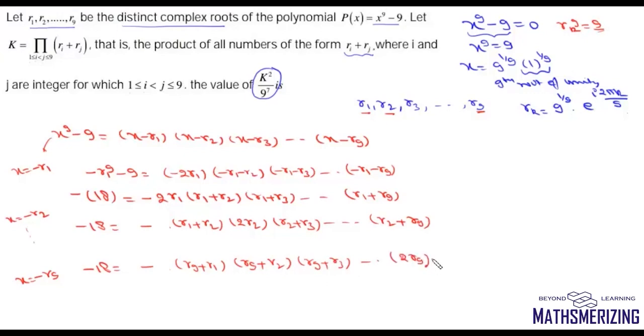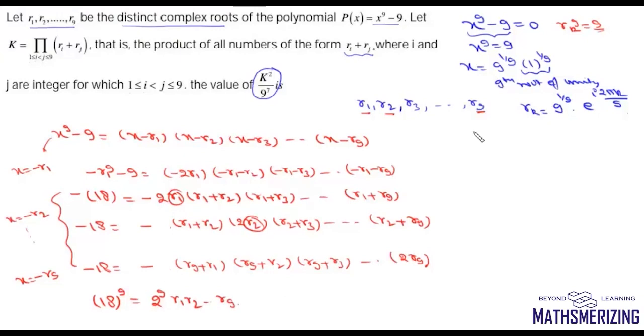Now what we'll do is multiply all these expressions. We'll get 18 to the power 9, and then 2 to the power 9, and then r1 into r2 into r9, and then the product of all these numbers.